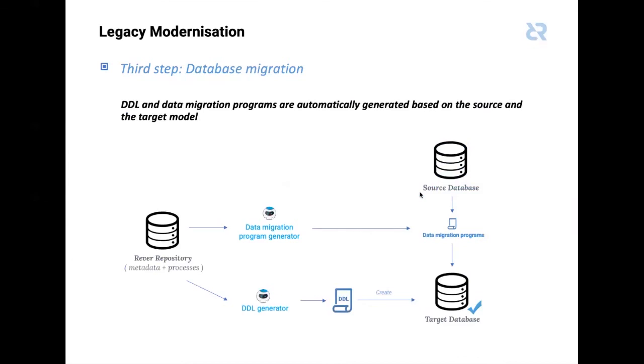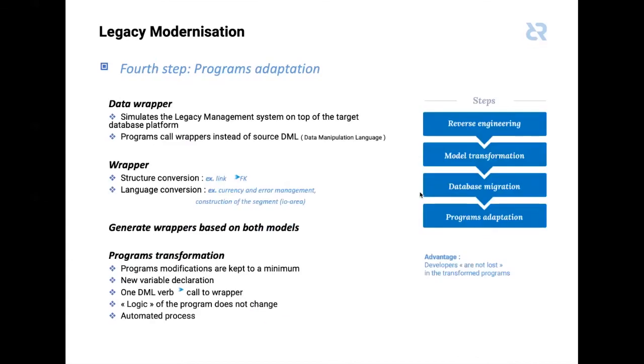At the same time, our technology will use the DDL generator to create the target database, and then we will migrate from the source database using the data migration programs. These data migration programs, and as well all the robots, can after that be dynamically generated over and over again if something changes within your environment.